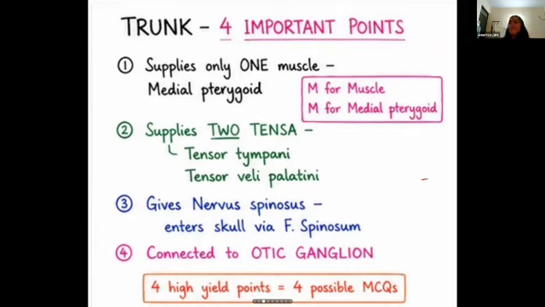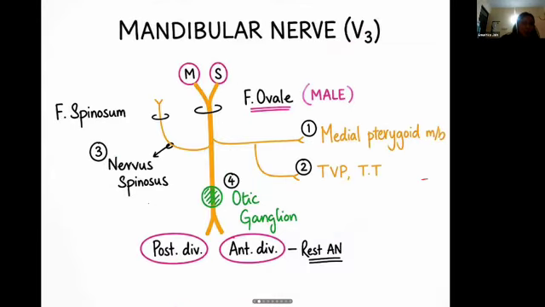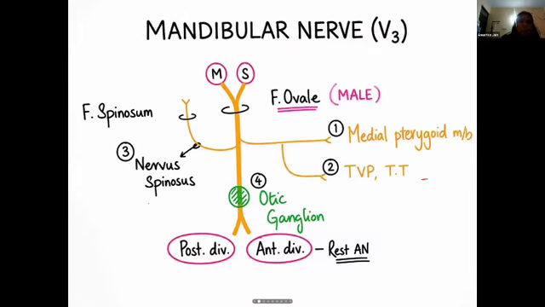But before moving towards the anterior division, I have one question for all of you. If the trunk supplies only one muscle of mastication, that is medial pterygoid muscle, then the rest of the three muscles are supplied by whom?